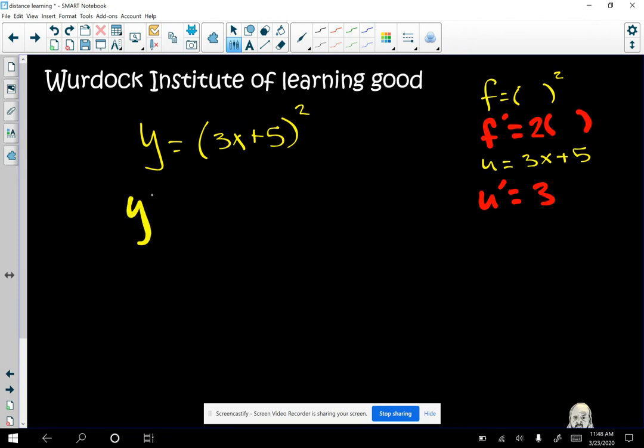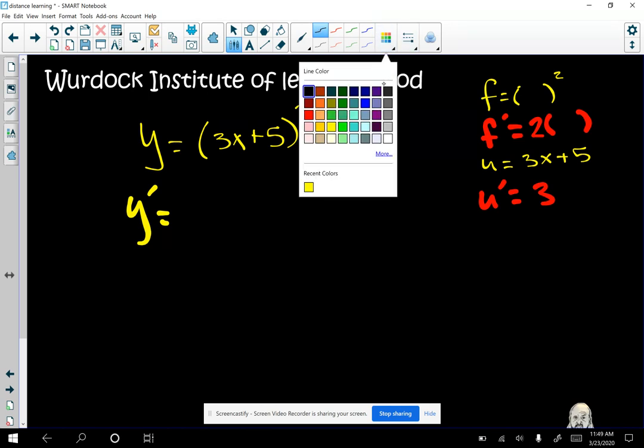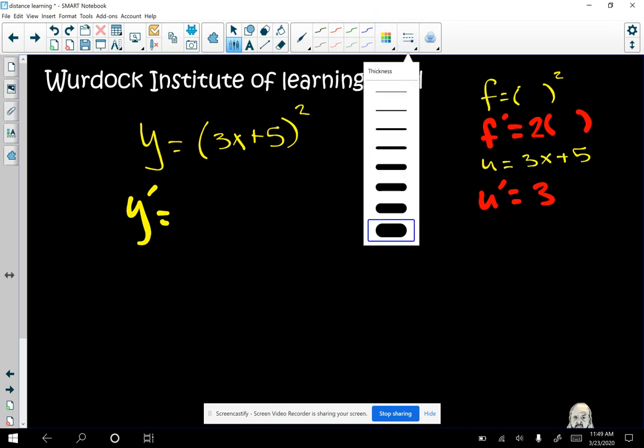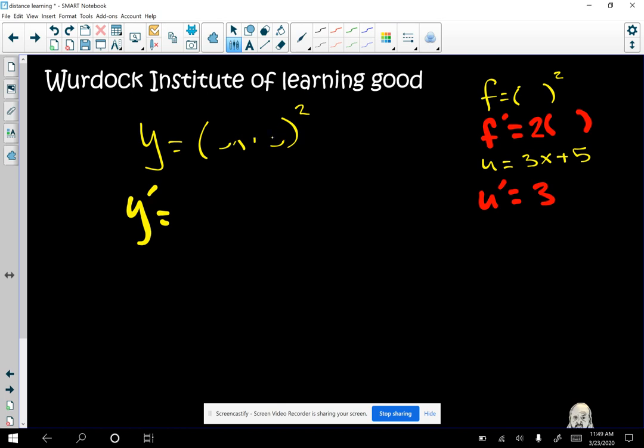So hence the derivative of y is, you can kind of cover up briefly for a moment and ignore the fact that there's an inner function. So temporarily just pretend that's gone.